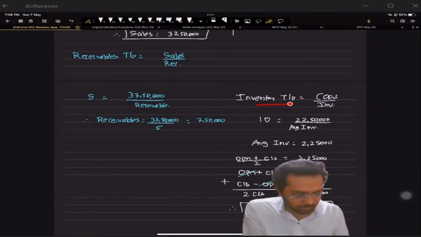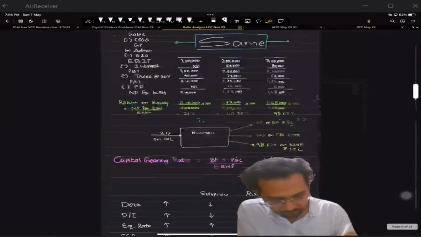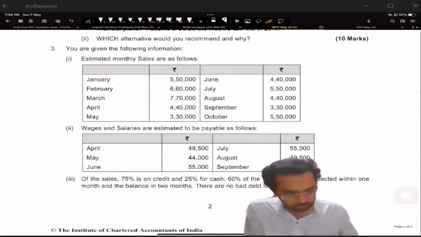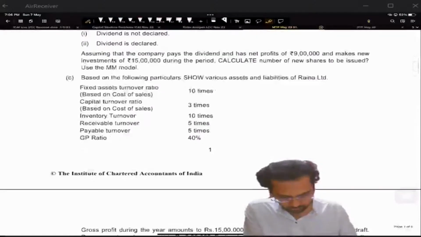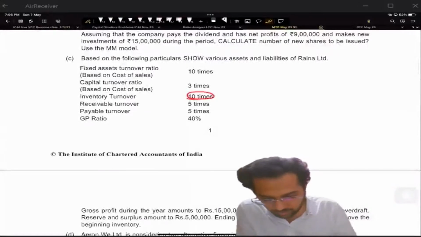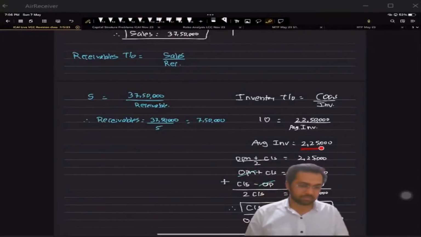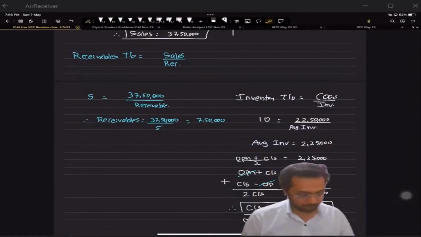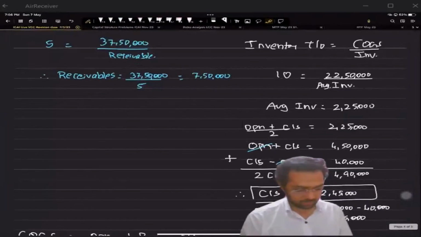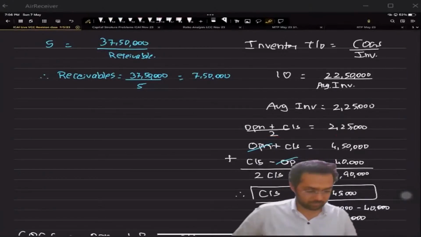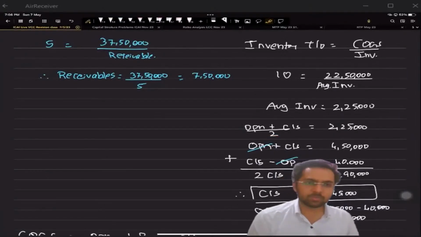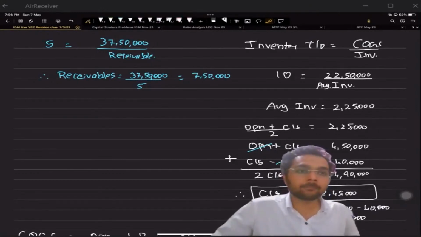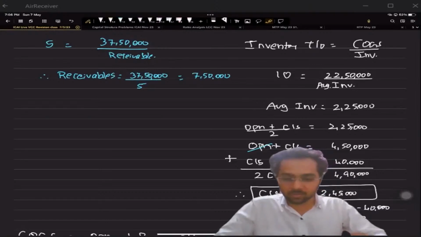Well, Yashika, inventory turnover is 10 times, right? Inventory turnover is 10 times. So we get average inventory as 2,25,000. So opening plus closing divided by 2 will be 2,25,000. So that doesn't seem to be a thing. Second, let me see.